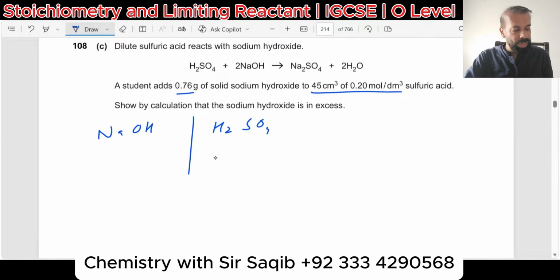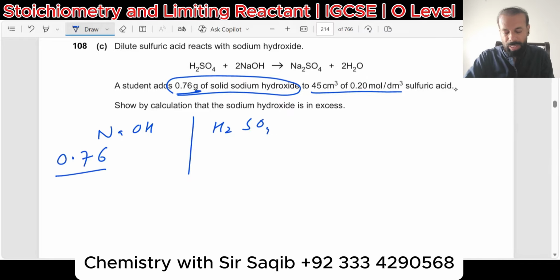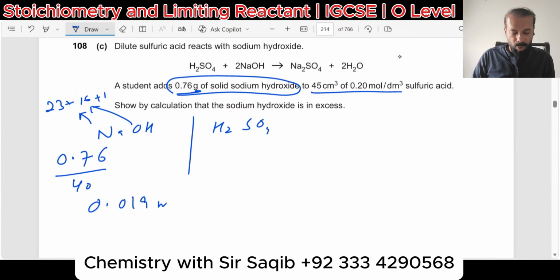For sodium hydroxide, mole is mass over Mr. What is the Mr of sodium hydroxide? 23 plus oxygen 16 plus 1 is equal to 40. So 0.76 divided by 40 is equal to 0.019 mole of sodium hydroxide.